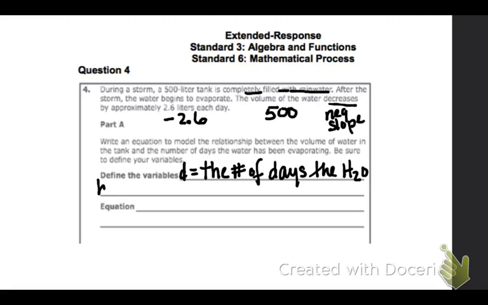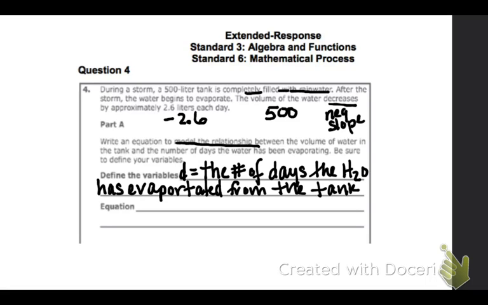Water has evaporated from the tank. That's pretty specific, and that's because the more I can talk about how the connection is, or the relationship, the way I'm modeling the relationship is important. Again, I think you would have enough room on your paper with a pencil.